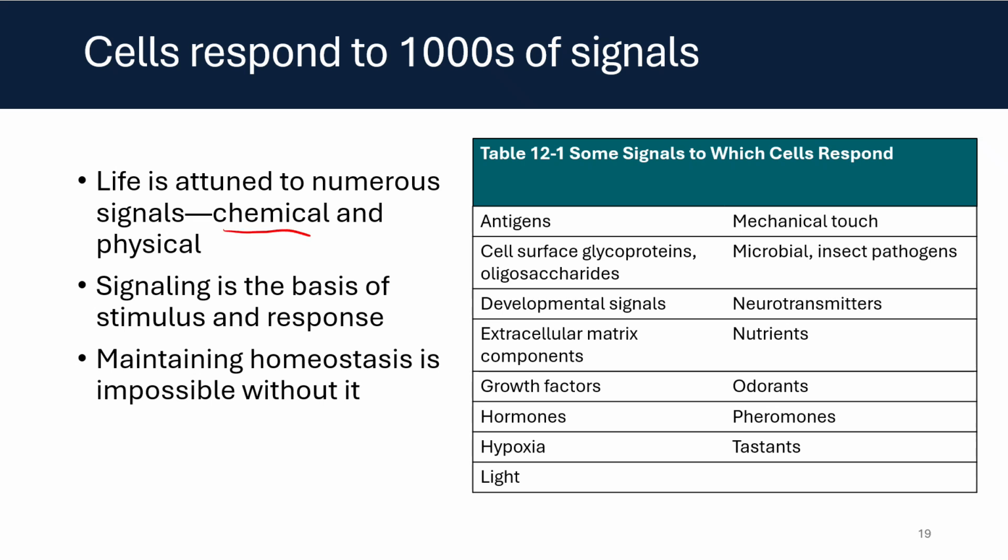I want you to think of, I don't know, hormones and neurotransmitters, even other cells. These are all chemical entities that can influence the physiology of a given cell. But life also responds to non-chemical stimuli, the physical, like light and touch, all right? Pressure, even. Hell, the absence of oxygen, that's a stimulus.